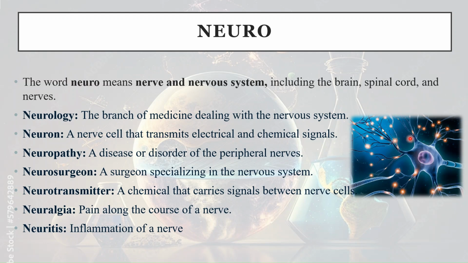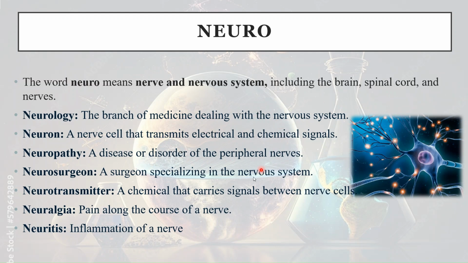The next one is neuropathy. It is a pain or disease created in the peripheral nerves. Neurosurgeon: the surgeon who is specialized in nervous system surgery, that is brain, spinal cord and nerves, is called a neurosurgeon.